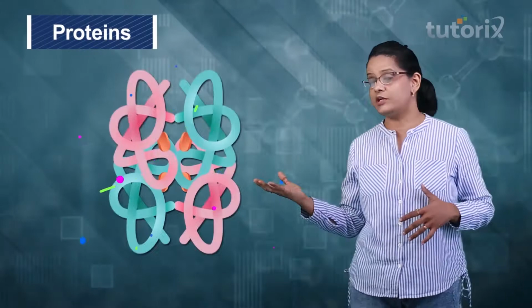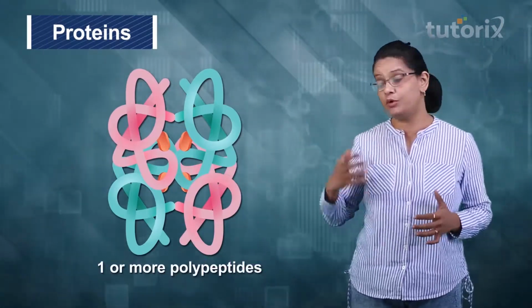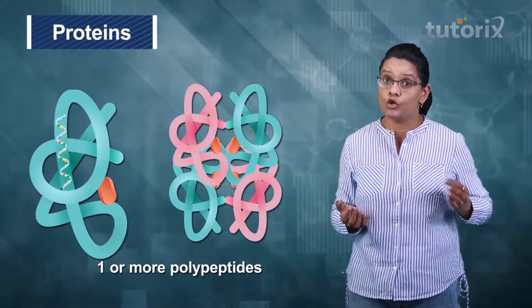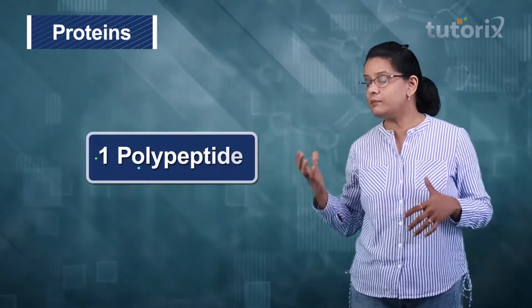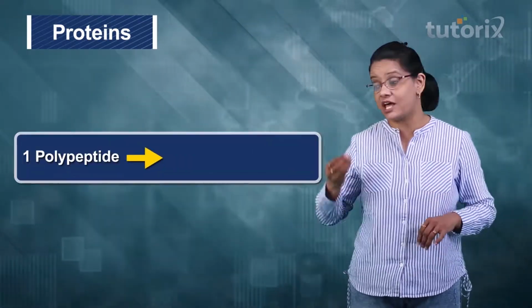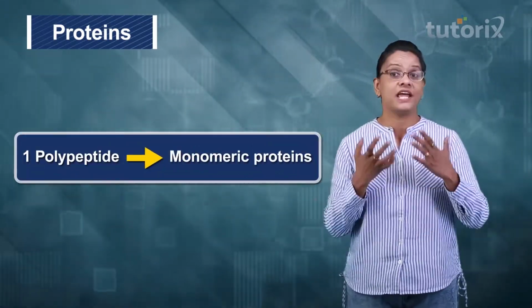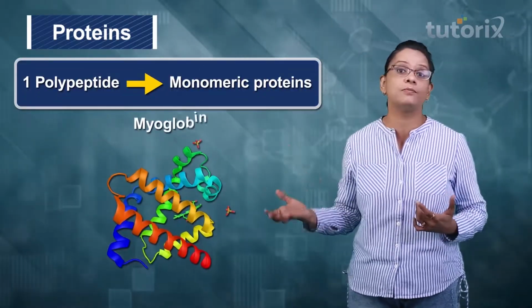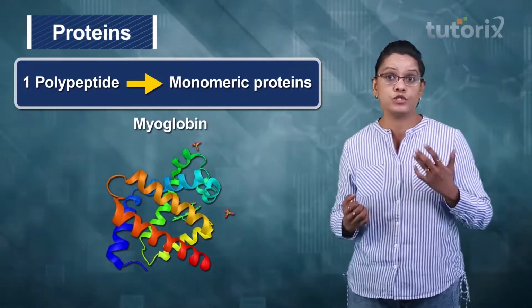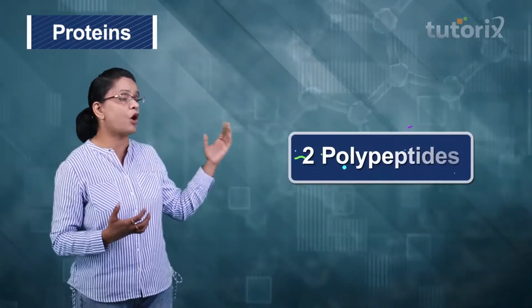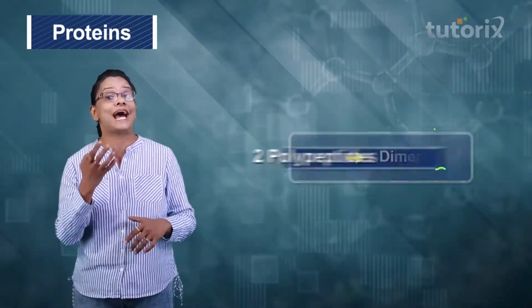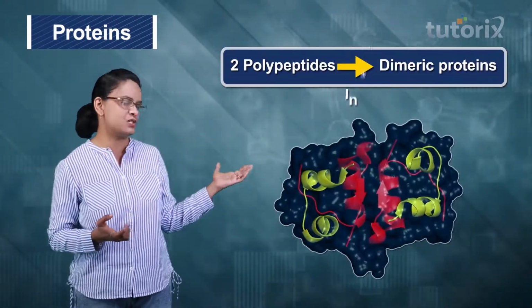So friends, the proteins are made of one or more polypeptides. Now those proteins which have just one polypeptide in them are known as monomeric proteins. An example is the muscular protein myoglobin. Those proteins which have two polypeptides are called dimeric proteins, like insulin.